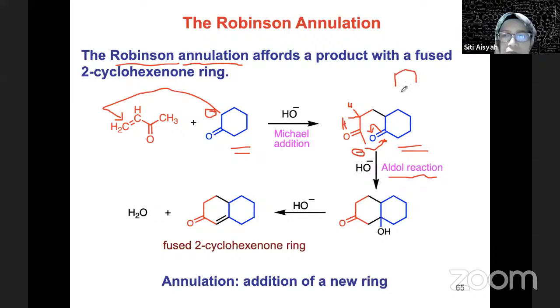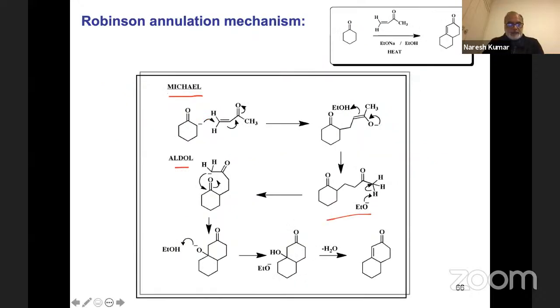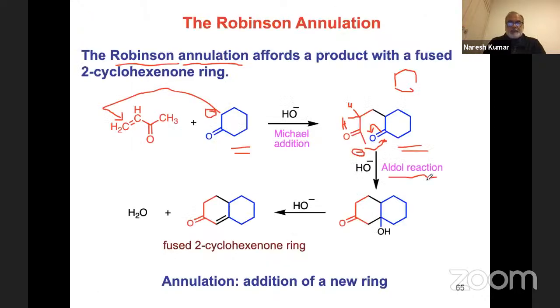Your cyclohexanone, with the carbonyl over here, and we remove this proton instead. What's going to happen is we have a minus over here, and then we have our COCH3 over here.